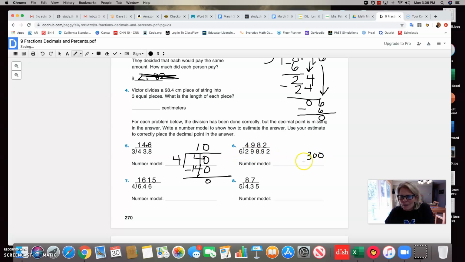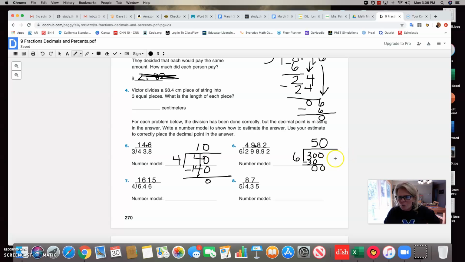And I'm going to divide this by 6, because I know 6 goes into 30 exactly 5 times. 5 times 6 is 30. And then I pull that 0 down, and 6 can't go into 0. It goes in 0 times. So my estimate is going to be 50 or close. So where would I put the decimal in my answer so that I would have a number really close to 50? Right here.